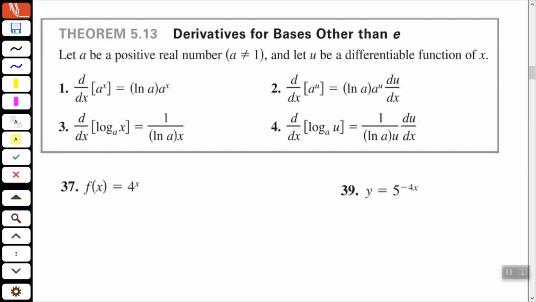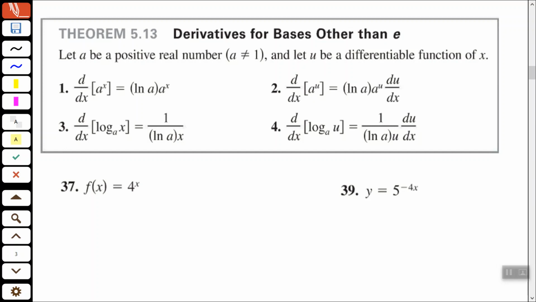Now, if we have something other than that single variable of x in our exponential position, then the derivative of a to the power of u is equal to the natural log of a times a to the u times du over dx, or u prime.